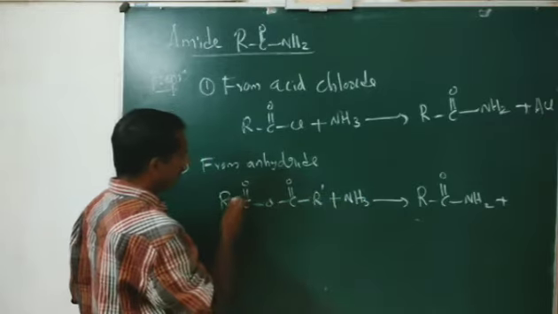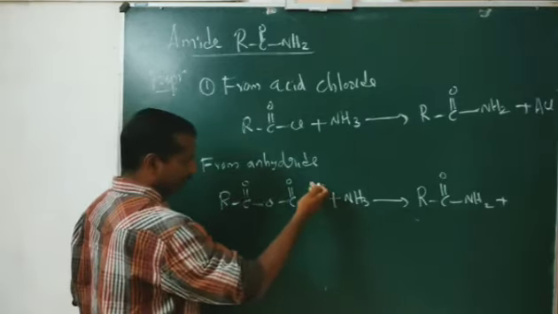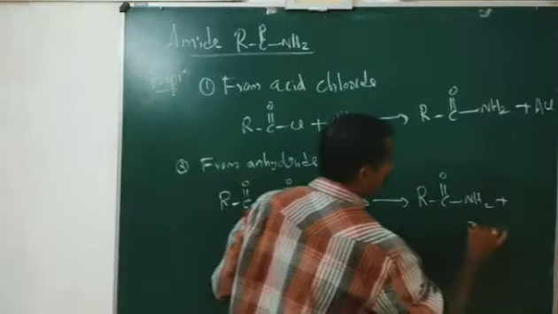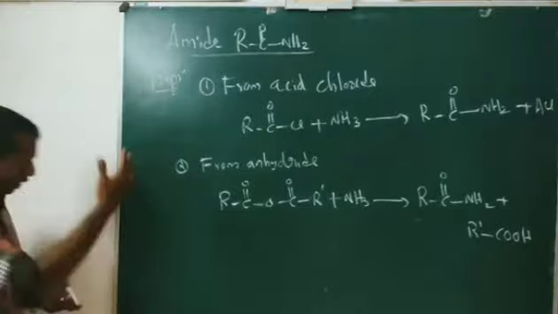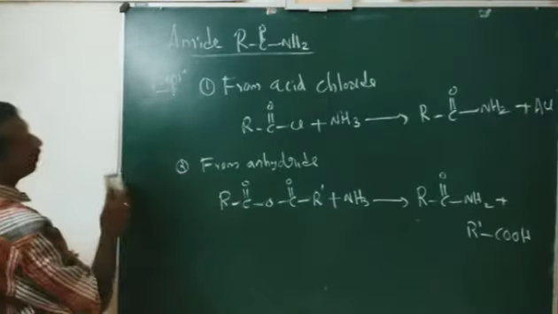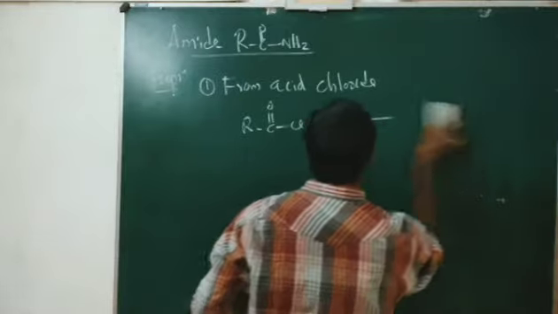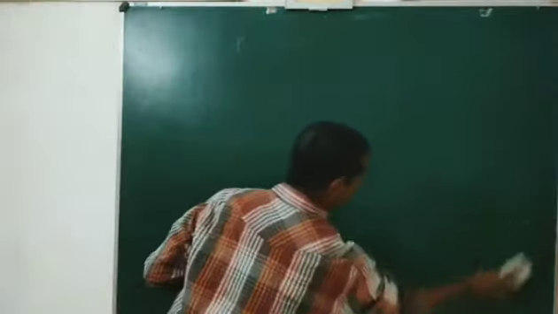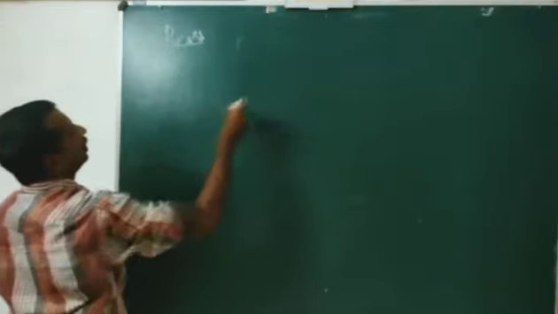Here you can see RCO from NH3 NH2, so RCONH2, then the remaining R'COO, one H is here, so R'COOH. So this is the method of preparation of amide. First method from acid chloride, second method from anhydride. When acid chloride or anhydride is treated with ammonia, we get amide.